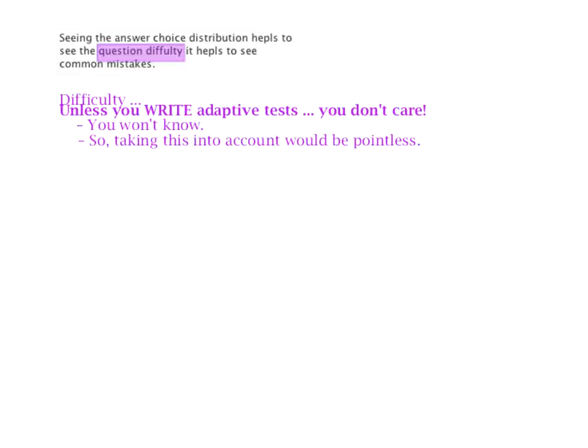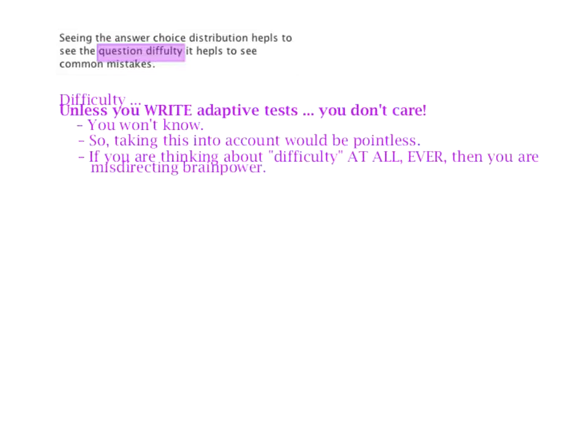And on top of this, more insidiously, if you are thinking about difficulty at all, ever, then you are misdirecting effort, misdirecting brain power. Here's an analogy. It's kind of a stupid but effective analogy.